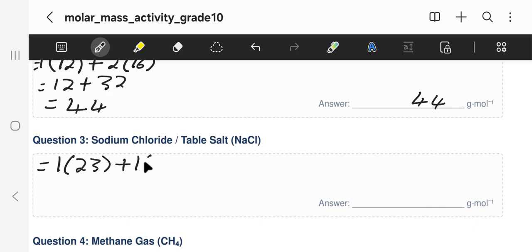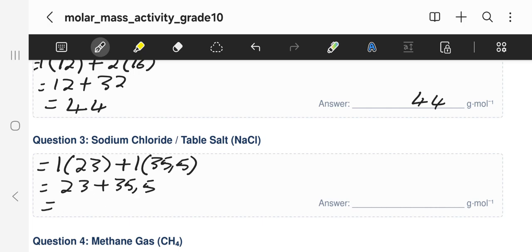I only have one chlorine, and then I'll multiply this one chlorine by its relative atomic mass number, and that's going to be 35,5. 1 times 23, plus 1 times 35,5.